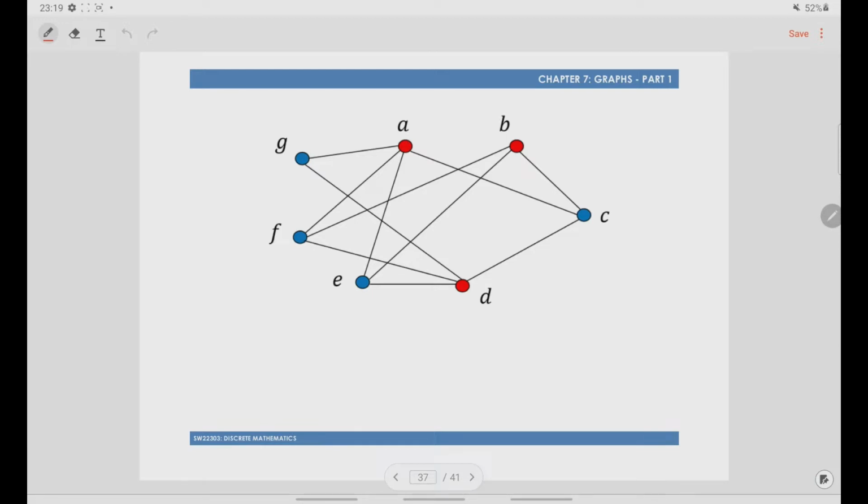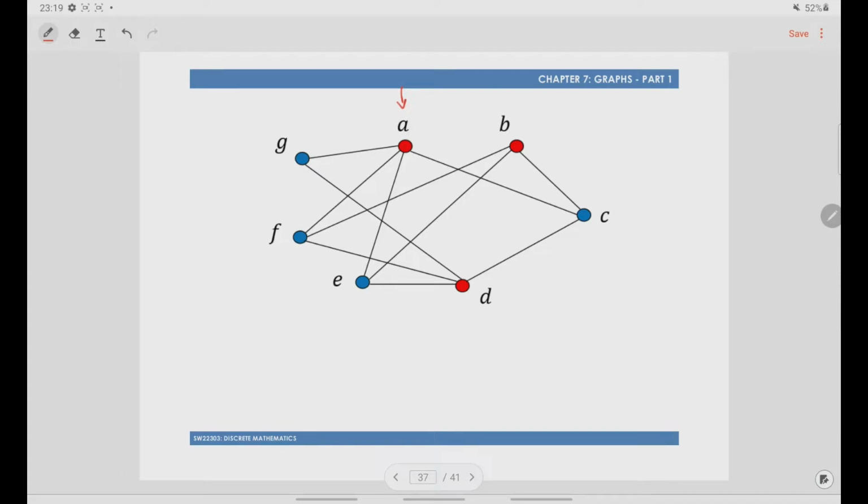We just need to use 2 different colors. In this example, we use red and blue. For the original vertex A, we color this vertex red.